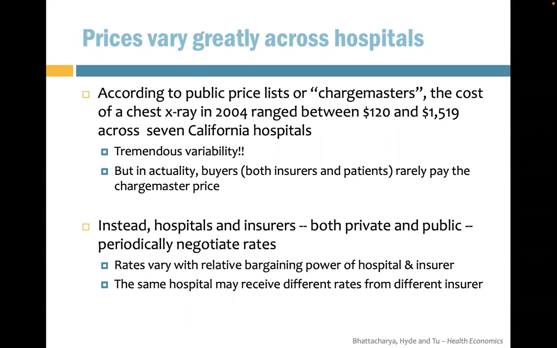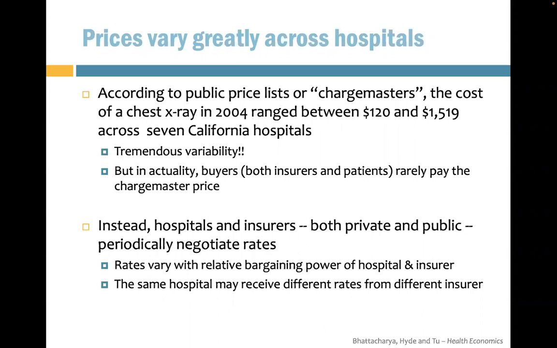The same hospital may receive different rates from different insurers. So for example, a hospital faces private insurers and also Medicare, Medicaid. So going back to our example of C-section. If a mother comes in with Medicare insurance, then hospitals get a fixed amount of money from Medicare, which is predetermined.